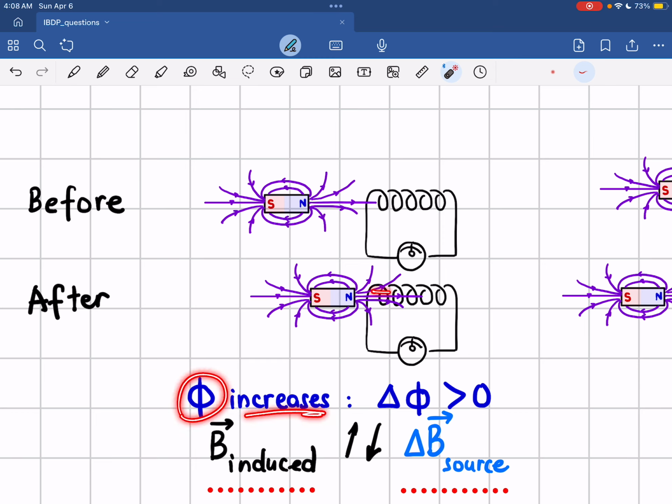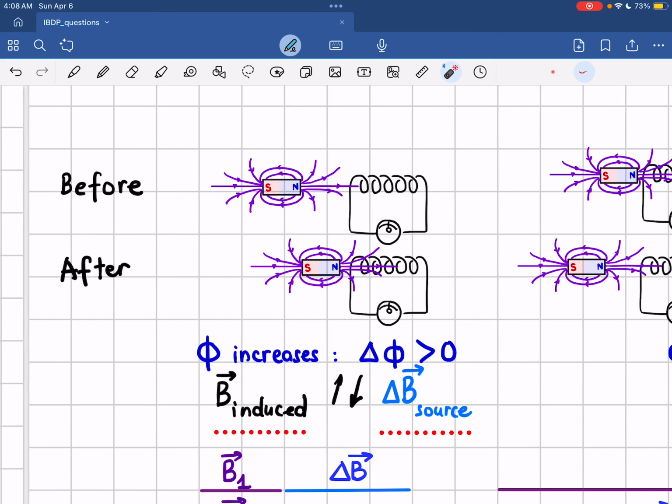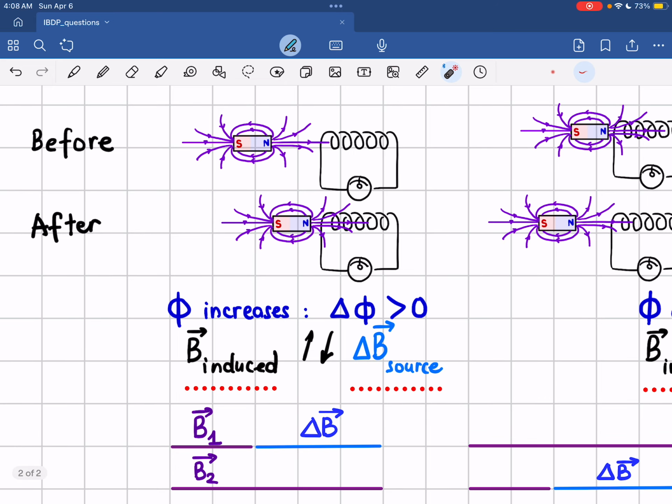There is more magnetic field passing through the cross section of the coil here. Okay, and now we can see that the change is a positive one, right? It's increasing. And now, yes, again, Faraday's law and Lenz's law.